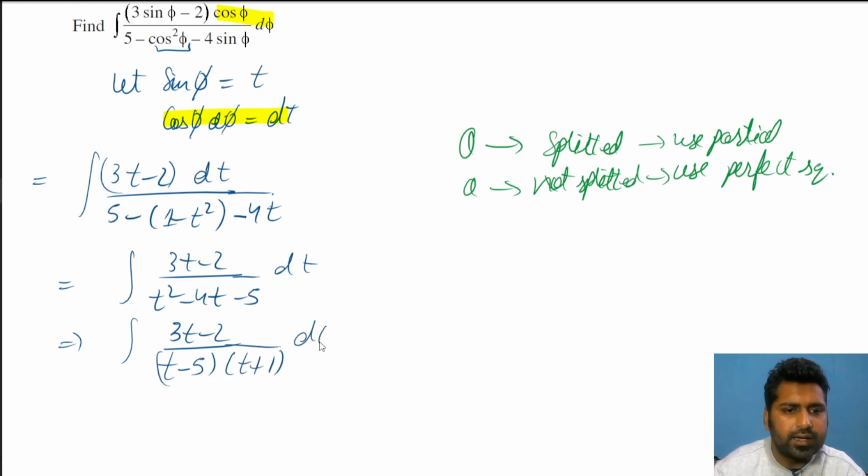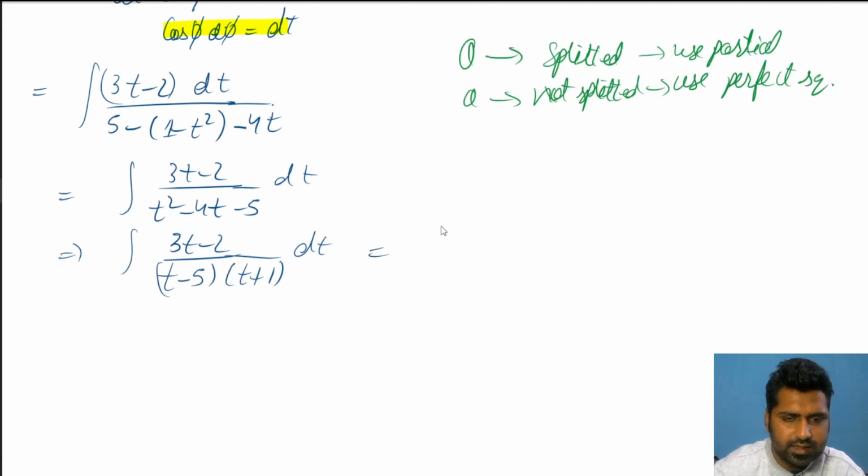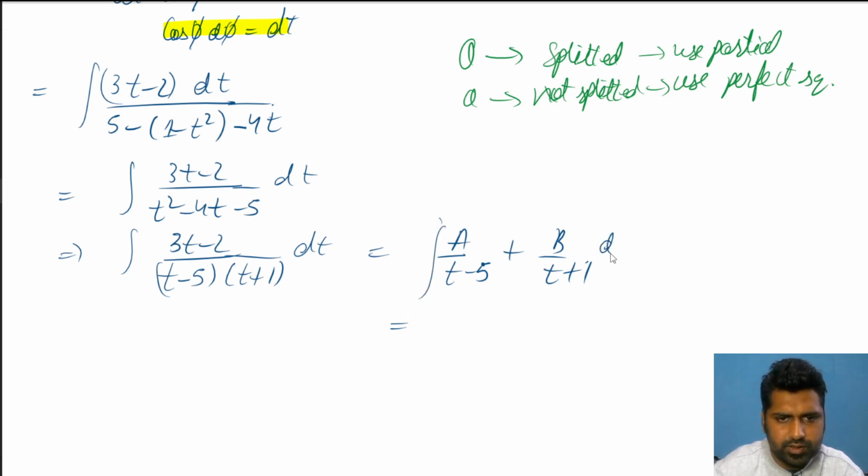Again the same idea: numerator degree is 1, denominator degree is 2. Partial fraction is applicable. So I can write this as a upon t minus 5 plus b upon t plus 1, integration dt. I'll put the value of a later.